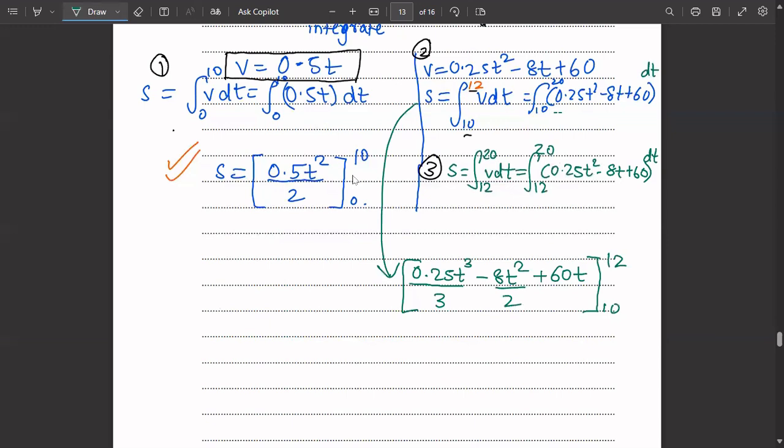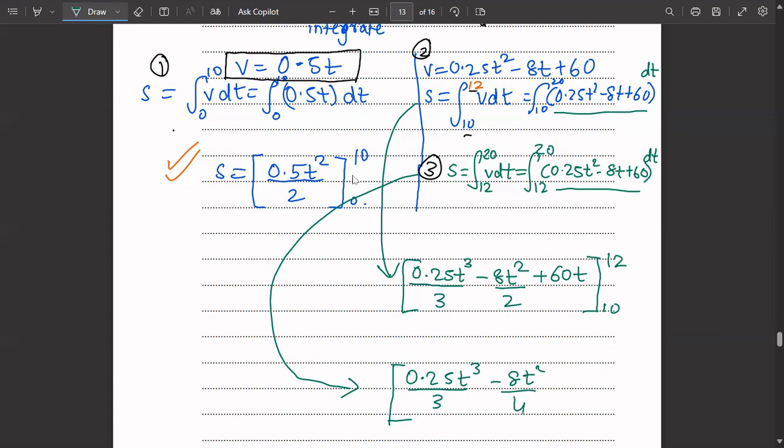Similarly, because these are the same, this will have the same integral, but the limits will be different: 0.25t cube upon 3 minus 8t square upon 2, which is technically 4t square, plus 60t, with limits 20 and 12.